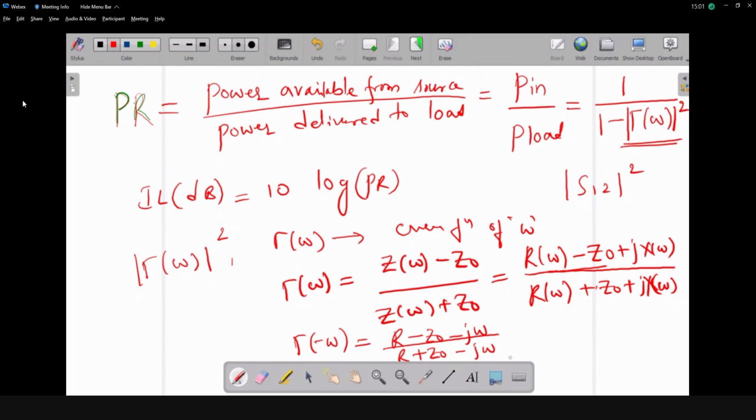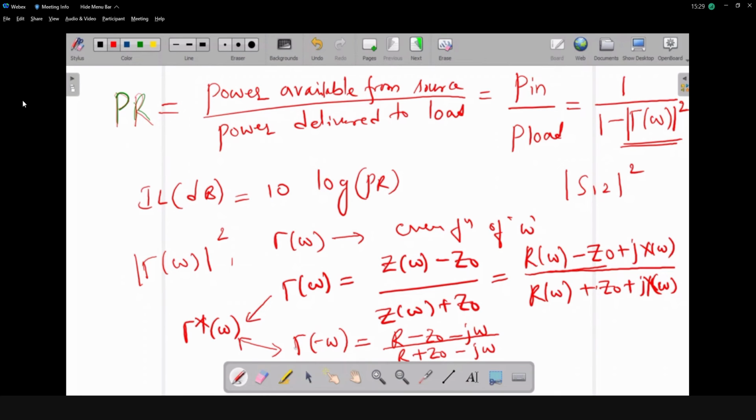So simply, if I take this Γ(ω) and put it as the complex conjugate, will it be the same as Γ(−ω)? Is it not? You can see if I take the complex conjugate of this Γ(ω), only the reactive part will become minus, which is nothing but the same factor. The complex conjugate of Γ(ω) is nothing but Γ(−ω).